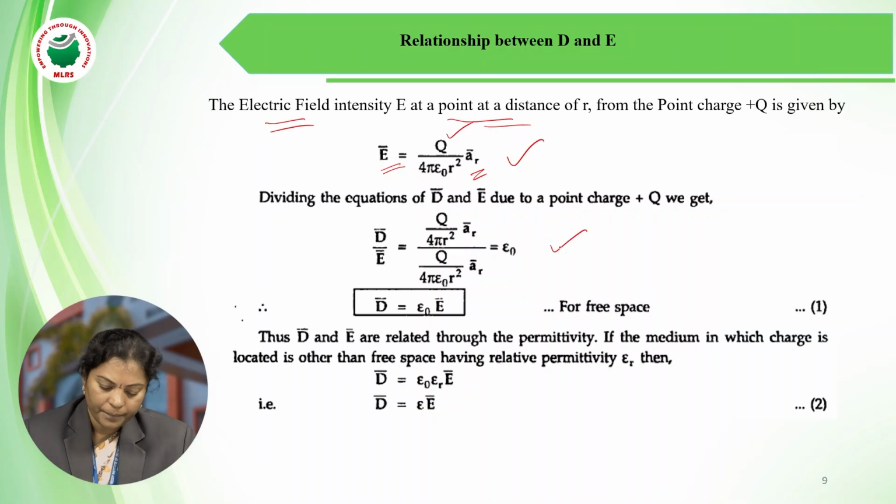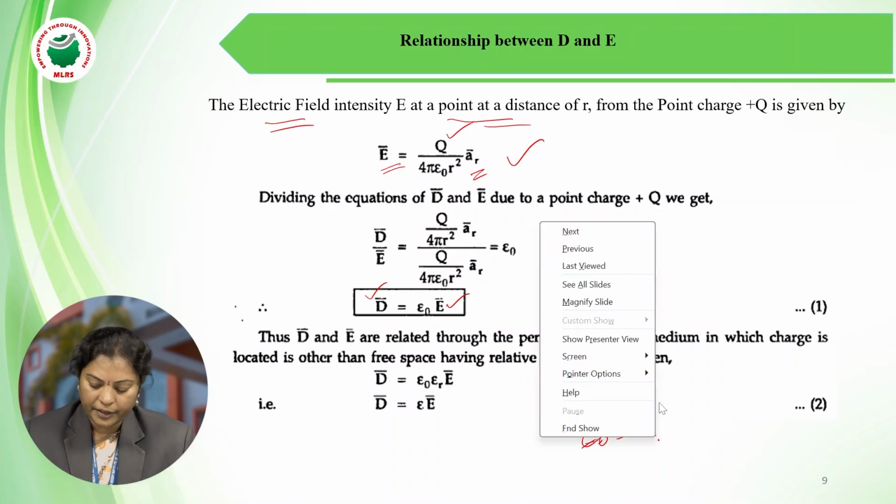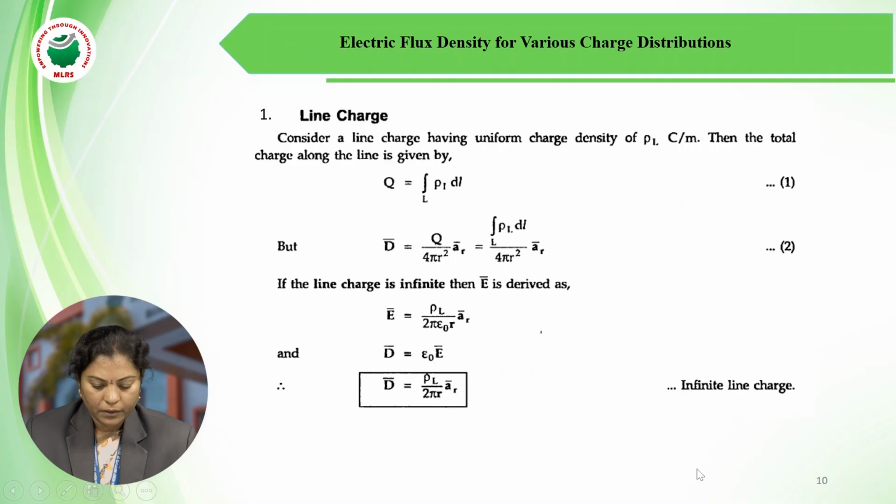That is given by D equal to epsilon times E, where E is the electric field intensity and D is the electric flux density. Epsilon naught is for free space, and epsilon is the permittivity of the medium.